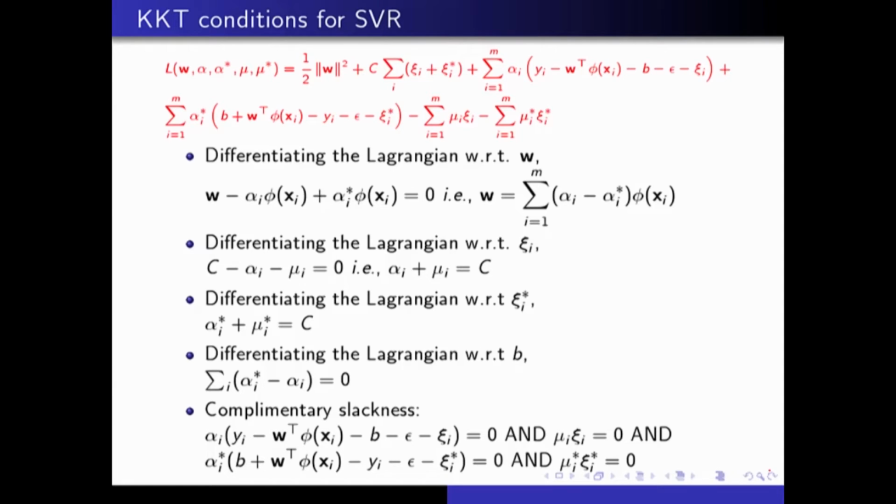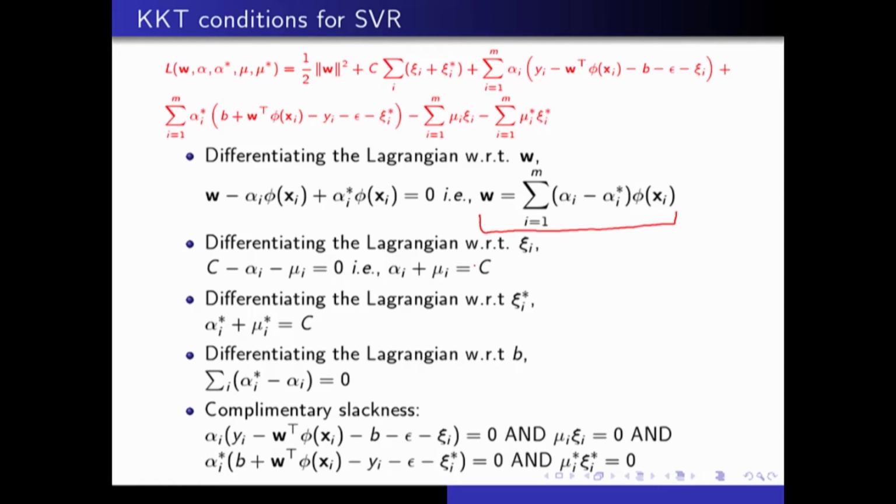So, recap the KKT conditions where we had an expression for w, the weight vector, which was purely in terms of a linear combination of the Lagrange multipliers alpha_i's and the feature vectors phi(x_i).